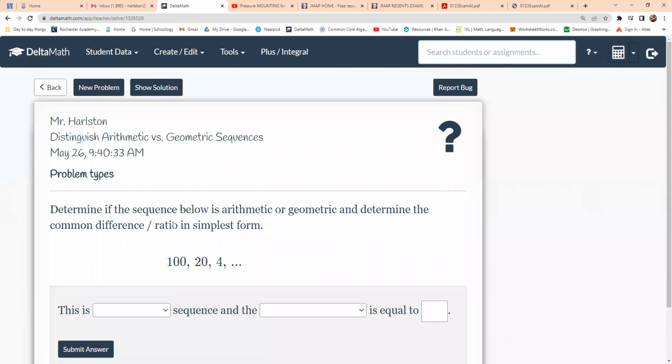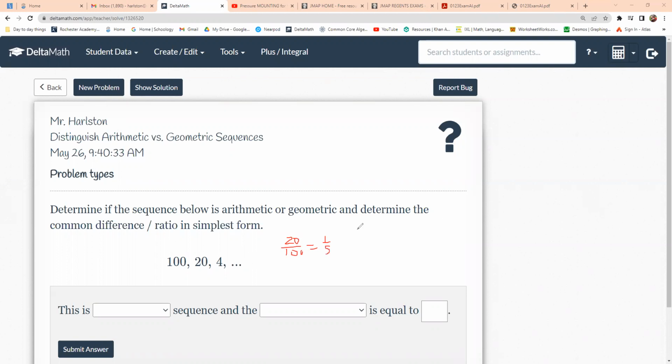All right, so here we're trying to determine if it's arithmetic or geometric. Now, you can see if I do 20 minus 100, that's going to be -80. This is not an arithmetic sequence. This is actually a geometric sequence. And the way that we're going to figure it out is we're going to go 20 divided by 100, and that simplifies to 1/5.